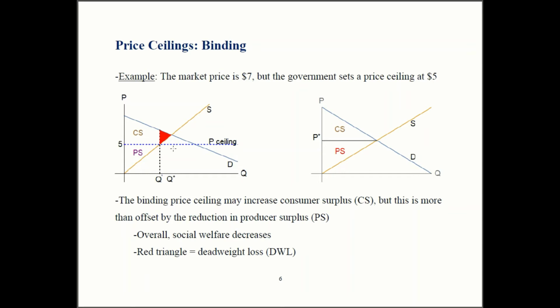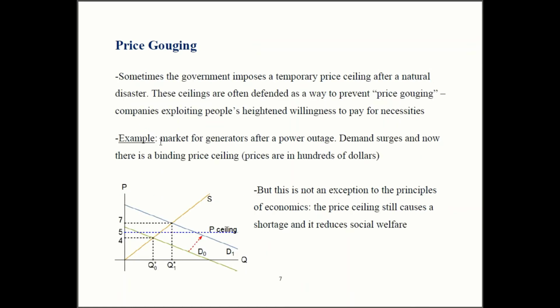We don't buy Q star units anymore. We only buy Q prime because only Q prime are available. So while consumers like getting lower prices, they don't like having fewer goods available to them. So it's not clear if consumer surplus will expand or shrink.